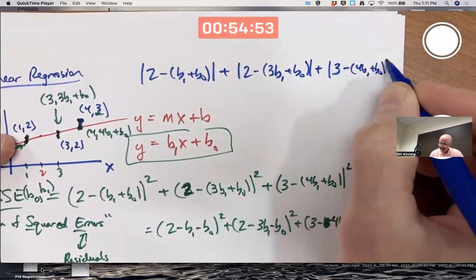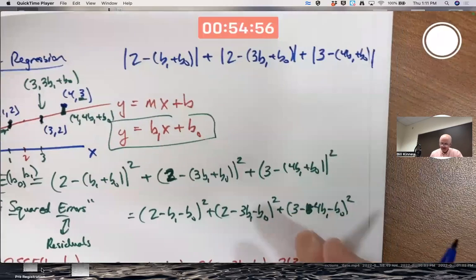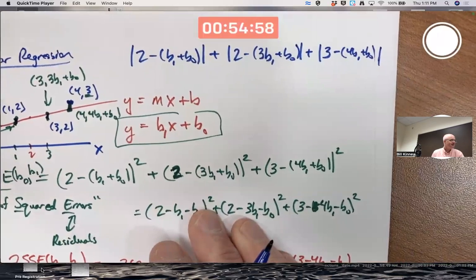Maybe we should minimize that instead. Why do we square?